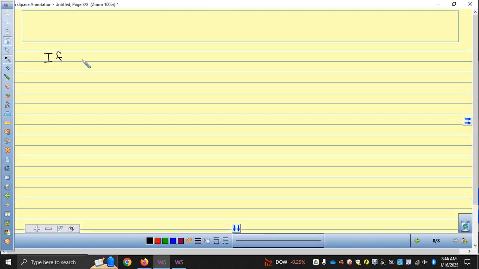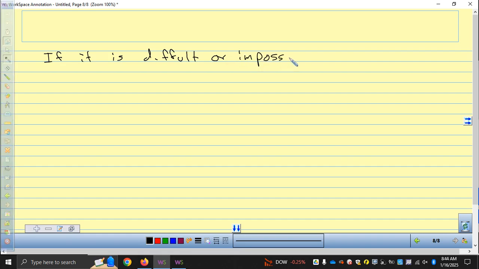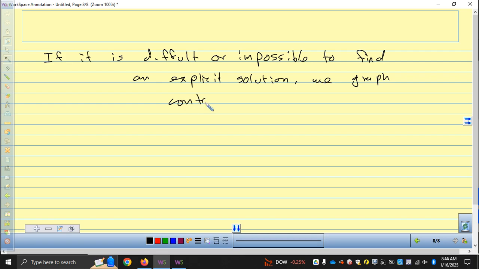So if it is difficult or impossible, you can plot contour lines, contour plots, to see our solution curves.